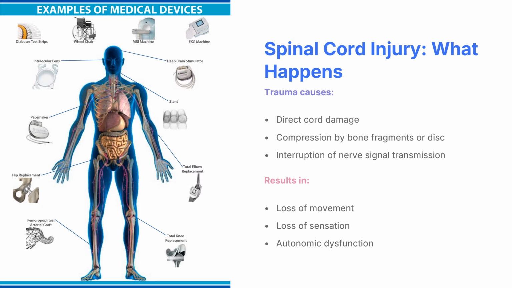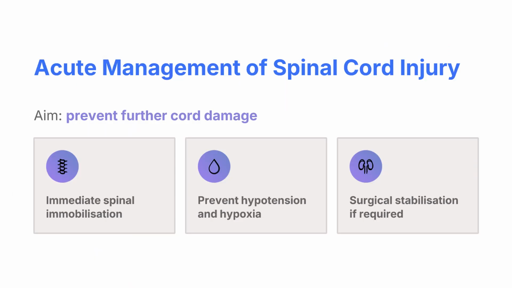Now let's see the acute management of spinal cord injuries, which aims to prevent further cord damage. Immobilize the spine, prevent hypotension and hypoxia, and perform surgical stabilization if required. Now we'll see what surgeons do.